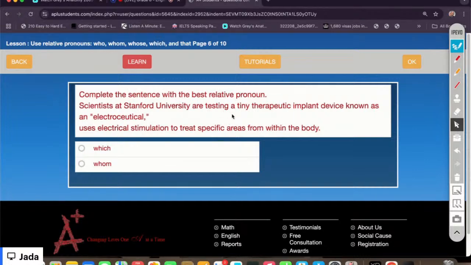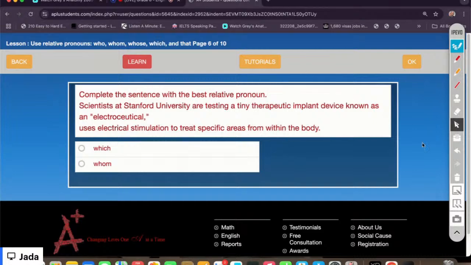Scientists at Stanford University are testing a tiny therapeutic implant device known as an electroceutical, which uses electrical stimulation to treat specific areas from within the body. So, which or whom?